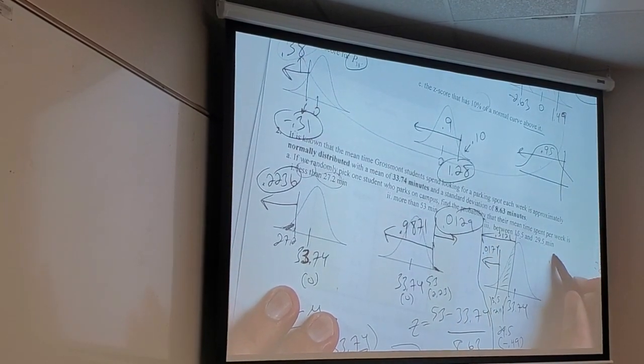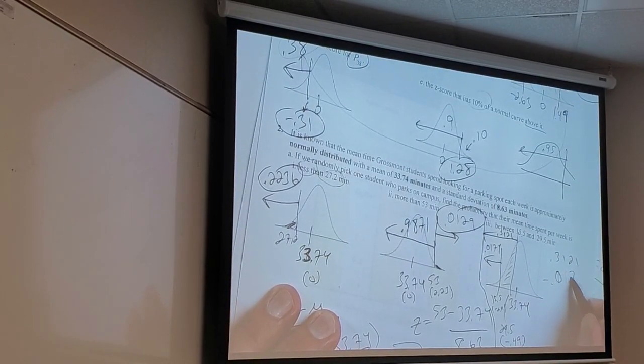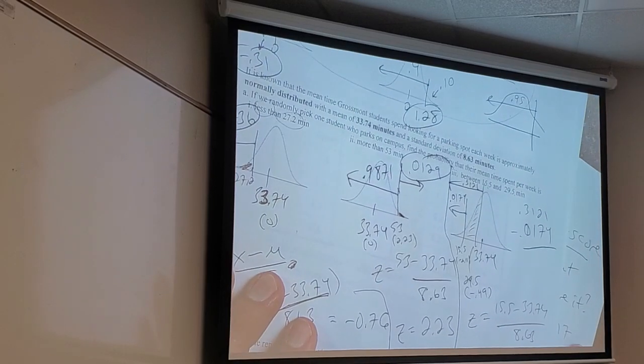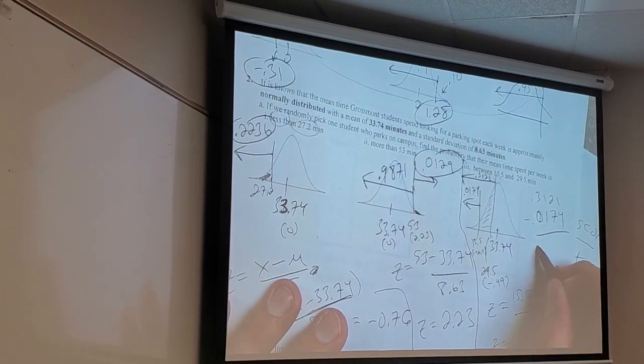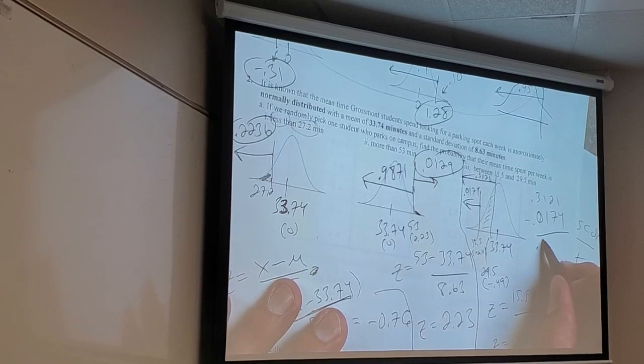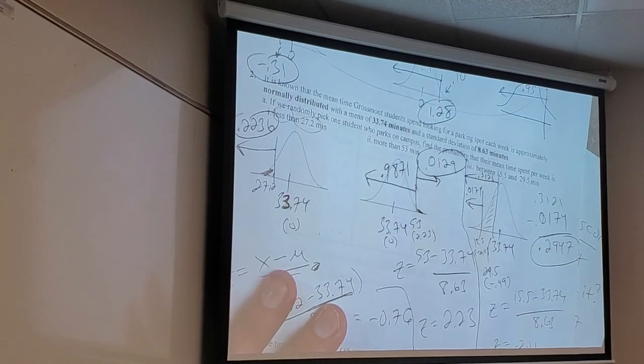So now I just got to do 0.3121 minus 0.0174, and what is that? 0.2947. Is that right? I'm trying to do that in my head. 0.2947. Kick ass.